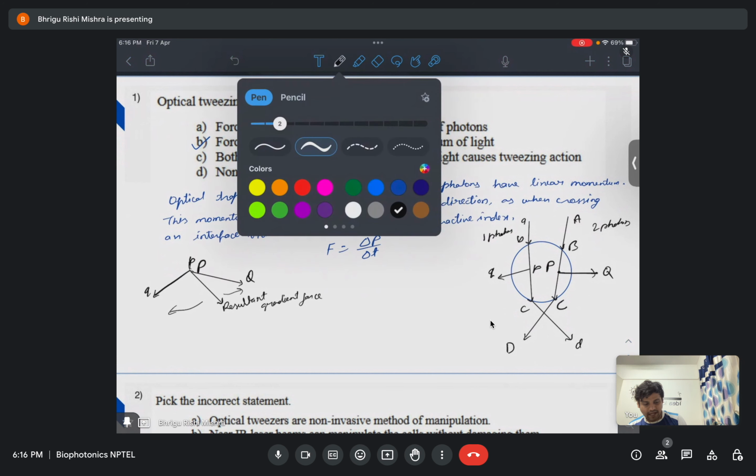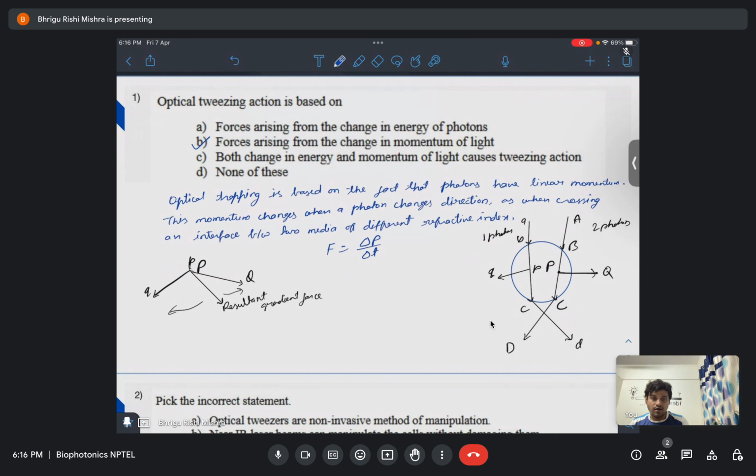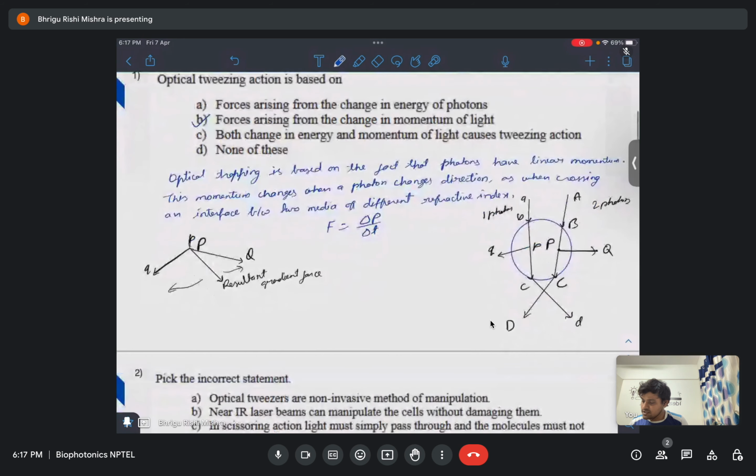This trapping is also based on size. There are different types of trapping.